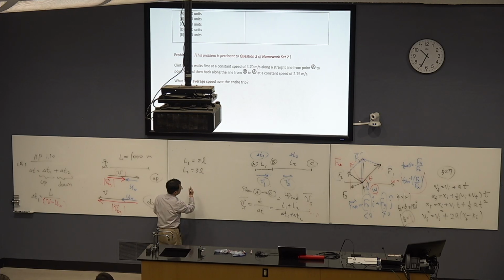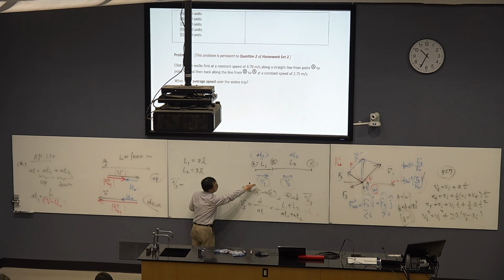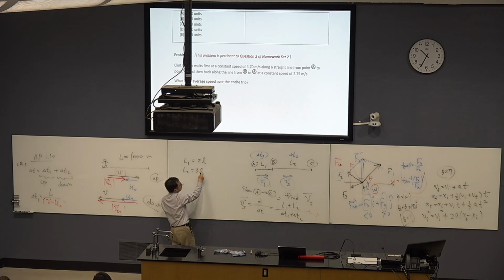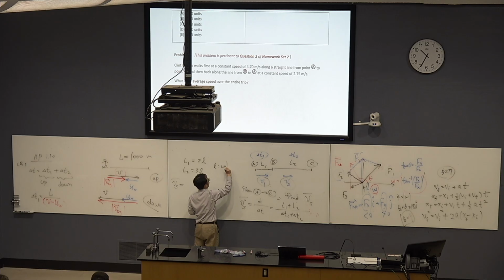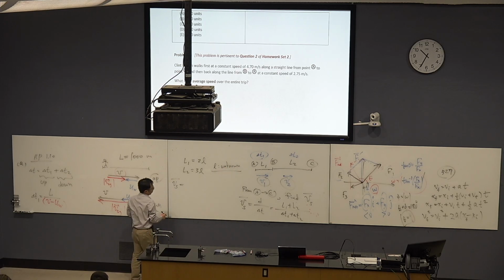V1 and V2 will be given, but L1 and L2 will be given with the unknown parameter L. The small l is unknown, but the big L, we know the expressions.